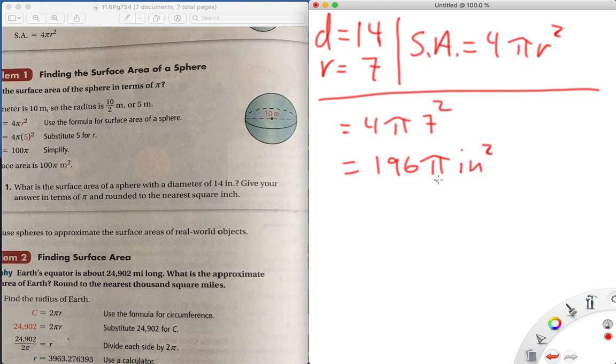If I was to multiply the pi out, remember pi can be 3.14, or you can use the pi symbol in your calculator. Rounded to the nearest square inch, it's 616 inches squared.